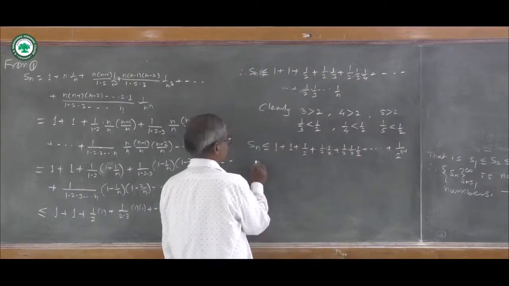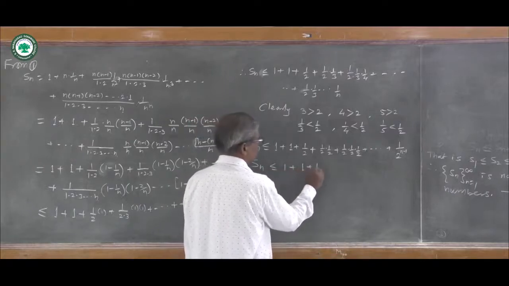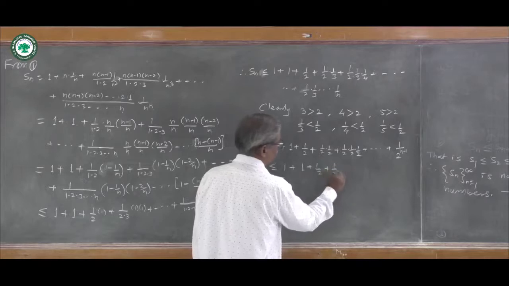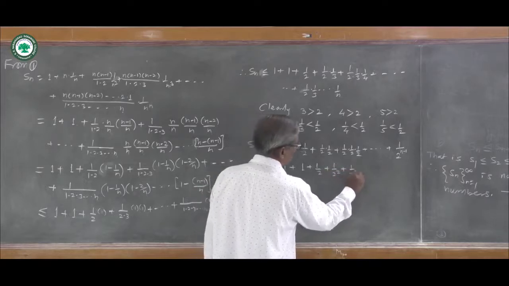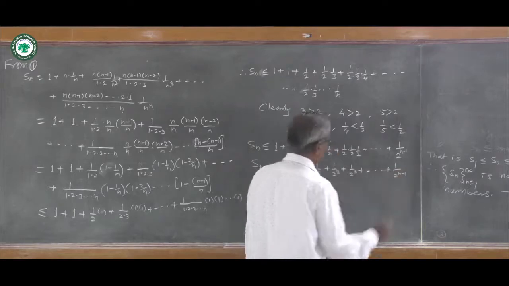Therefore, Sn is less than or equal to 1 plus 1 by 2 plus 1 upon 2 square plus 1 upon 2 raised to 3 plus and so on plus 1 upon 2 to the power n minus 1.